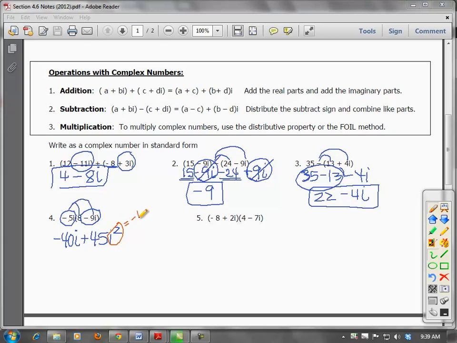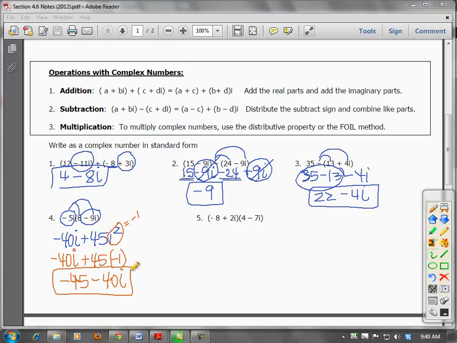So what this is saying is I have a negative 40i plus 45 times negative 1. Well, 45 times negative 1 is negative 45 minus 40i. And you'll notice I changed the order because my i part has to come second.